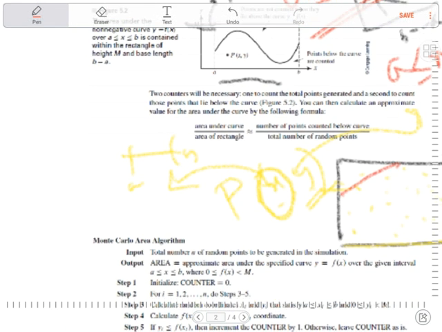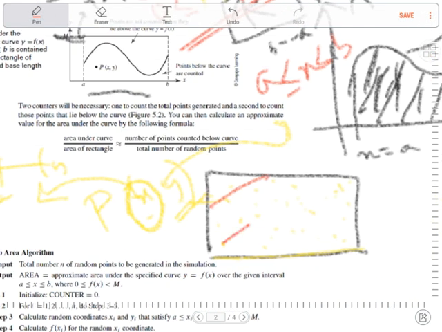Where will my point P lie? P will definitely lie in this rectangular region, anywhere here, but in some cases P may lie below the curve y equal to f(x), or it may lie somewhere here.